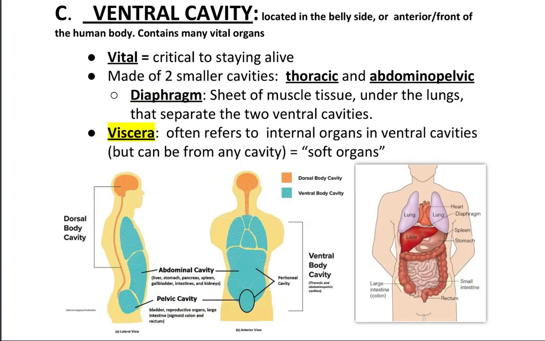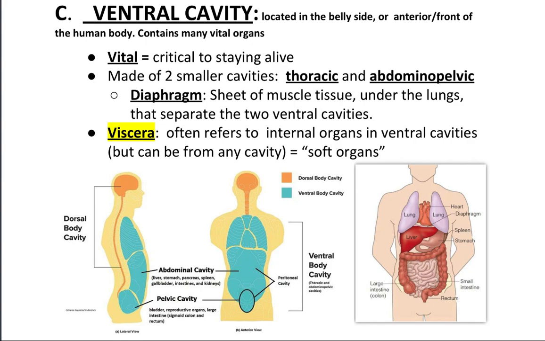name for them. We call these soft organs that sit within either the dorsal cavity or the ventral cavity viscera. But because there's so many more organs in the ventral cavity, we tend to use the term viscera to refer to ventral cavities, and then we say brain or spinal cord for the organs in the dorsal cavity rather than calling it viscera.